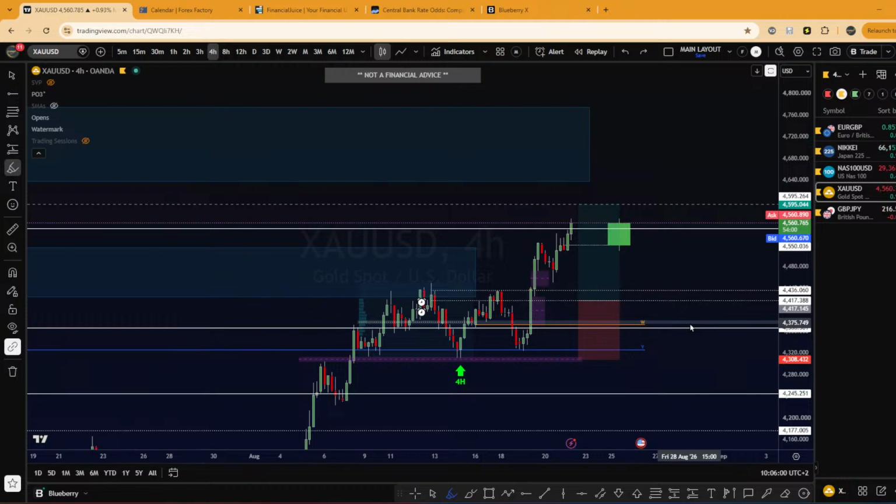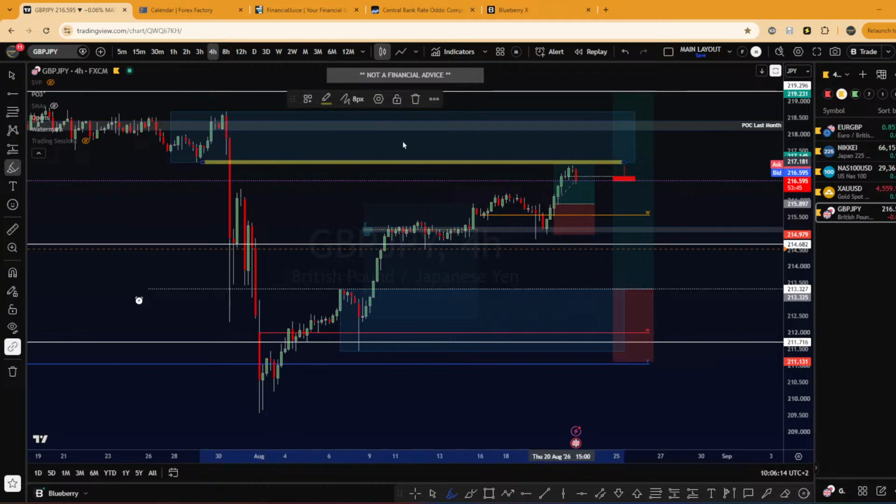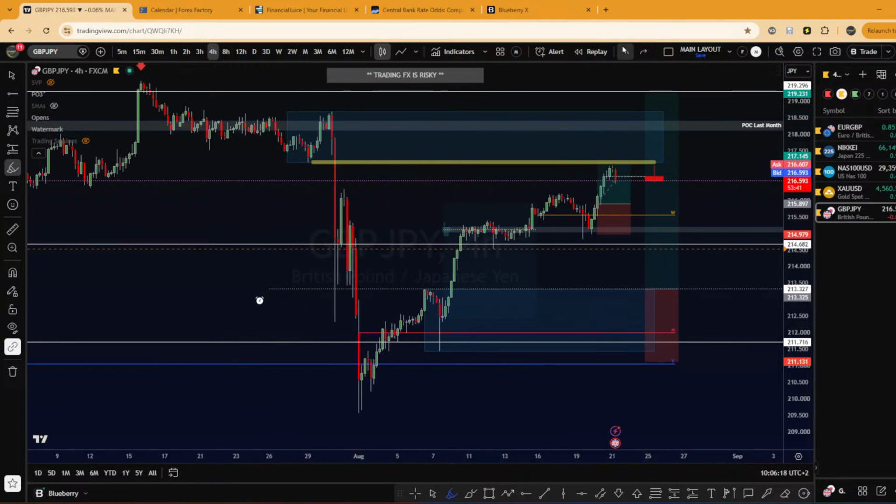So I will leave it on my yellow watch list, in case next week it gives me another opportunity. Pound yen, I talked about it, we already pretty much almost retested this level. So let's remove it.